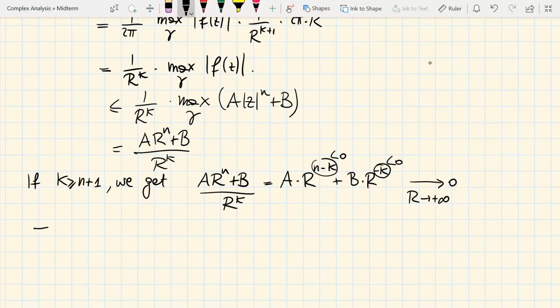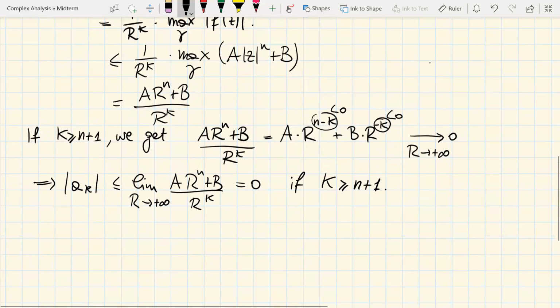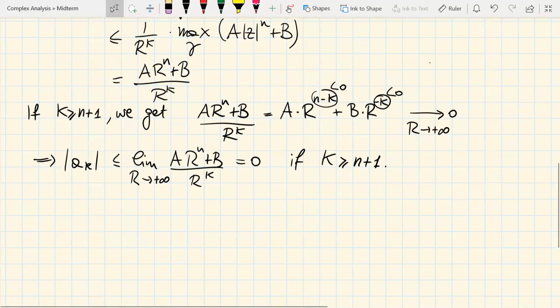So we find that the norm of a_k is less or equal than the limit for r converging to plus infinity of this quantity, which is equal to 0 if k is bigger or equal than n plus 1. So the norm is less or equal than 0. This means that a_k is equal to 0.